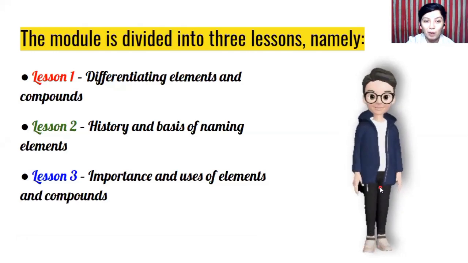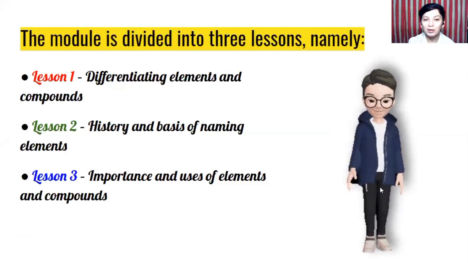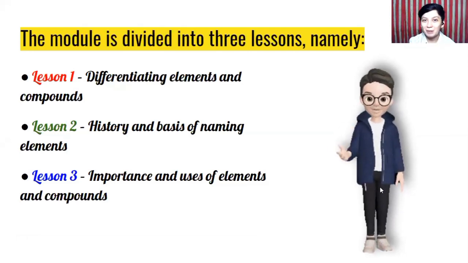Namely, lesson number one, differentiating elements and compounds. For lesson number two, we will also know the history and the basis of the naming of some elements. And not only that, for lesson number three, we will tackle all about the importance and uses of elements and compounds. So sit back, relax, watch, and listen.